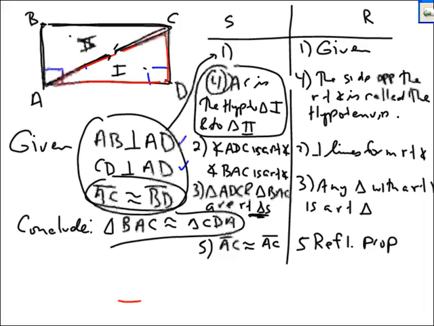Okay, so number 6. Triangle 1, sorry. ABCD is a right triangle. I didn't mean that either. ABCD is a rectangle.